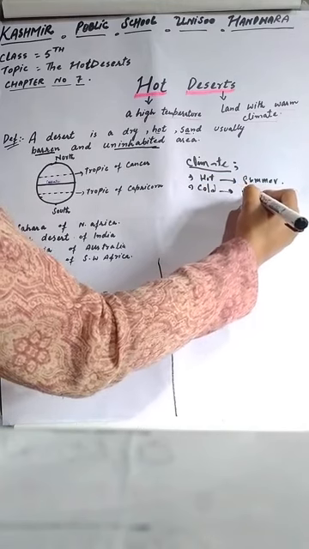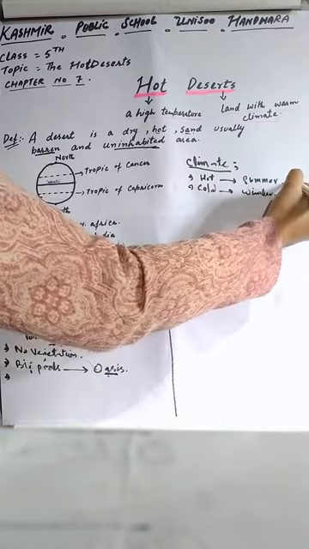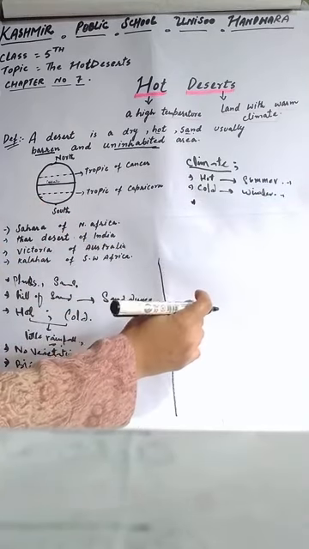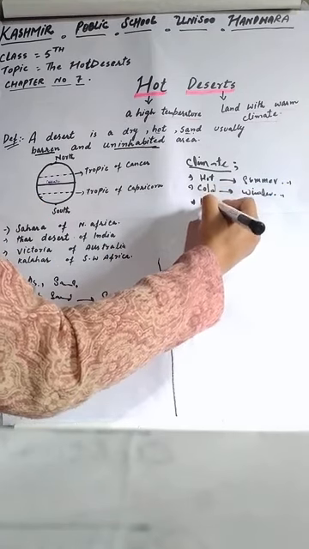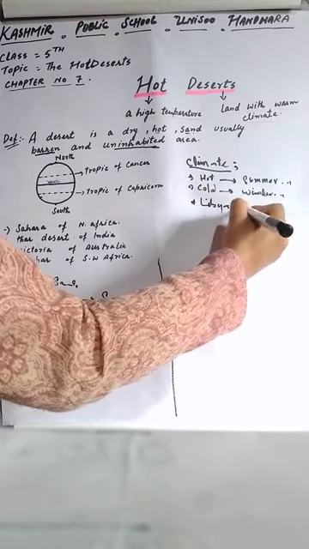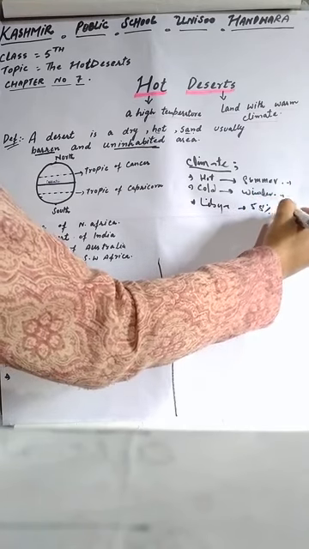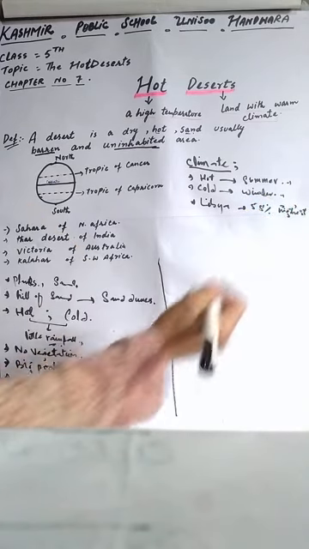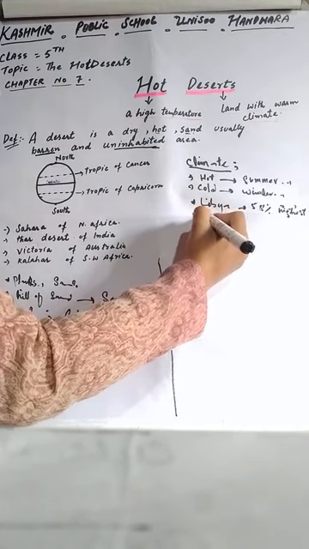During summer, the days are warm and nights are cool. The highest recorded temperature occurred in Libya, where it reached 58 degrees Celsius. The day temperatures of hot deserts can reach up to 50 degrees Celsius or higher.